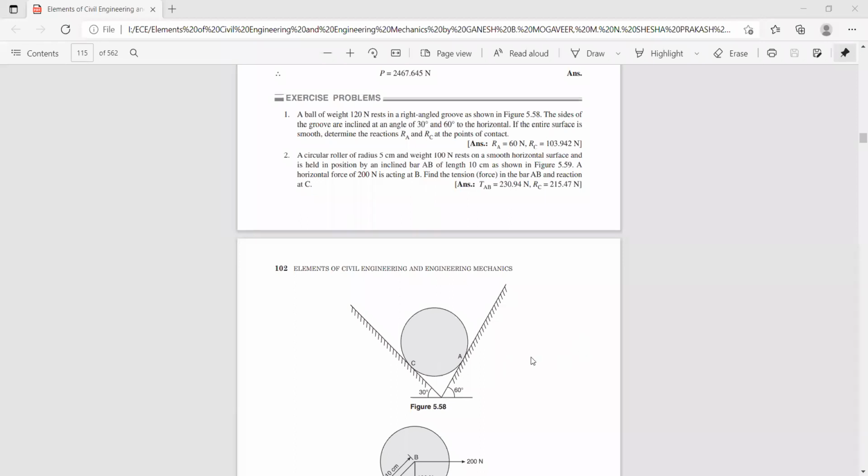So I will get RC in terms of RA. How much is it? Anyone has done it? So we'll get the value of RC in terms of RA. It's cos 30 by cos 60. How much is it? Anyone?